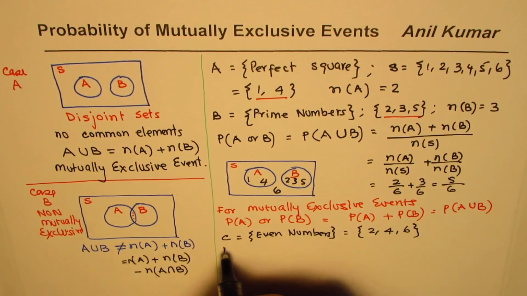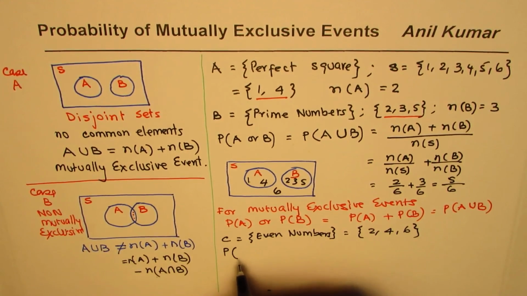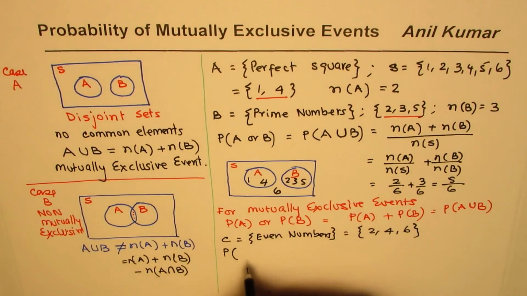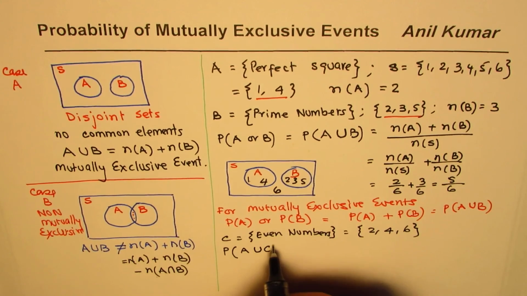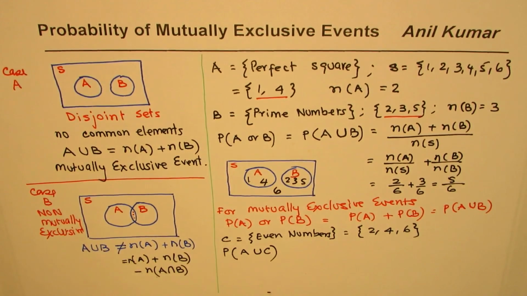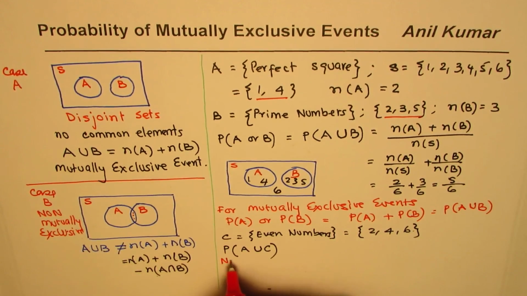Now, can you tell me what is the probability of, let us say, A or, meaning union, C? Now, A or C, if you combine 1, 2, 3, 4, and 5, you think there are 5 favorable numbers. You will make a mistake since 4 is common. Do you see that? This is not mutually exclusive.